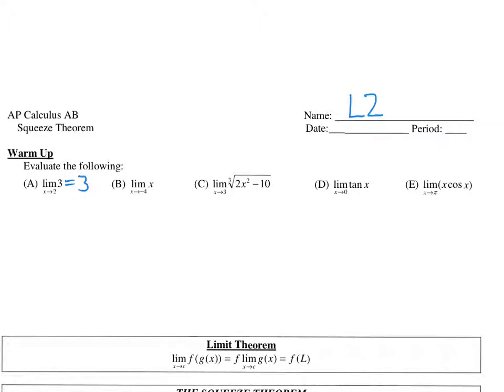How about the line y equals x for part B? Negative 4. Okay. C? 2. Now how did you get 2? Okay, you graphed it and you traced it, and you did direct substitution.